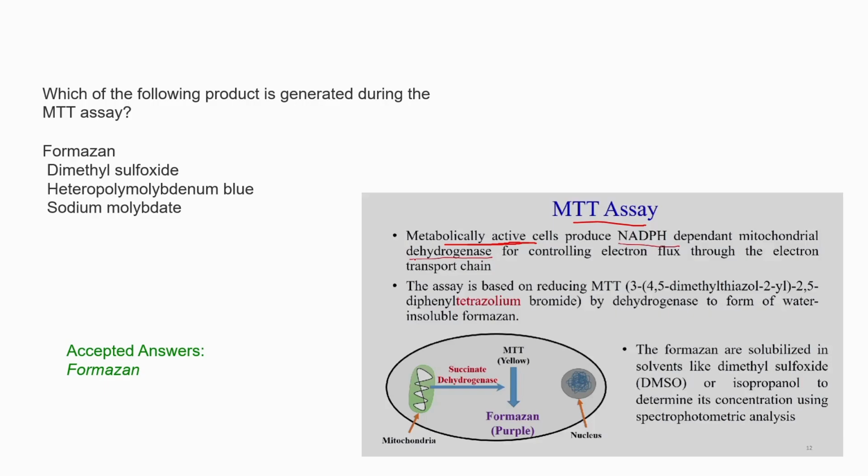So the assay is based on reducing MTT, which is a dye, 3,4,5 dimethyl thiazol-2-yl 2,5 diphenyl tetrazolium bromide, by dehydrogenase to form water soluble formazan. So we have cells with the biomaterials, and after we have left them for interaction for a certain period of time, we then add this MTT dye to it.